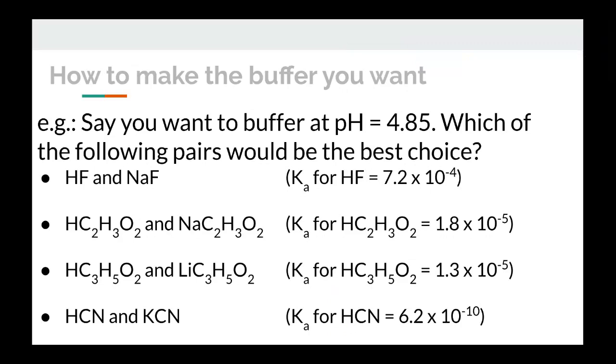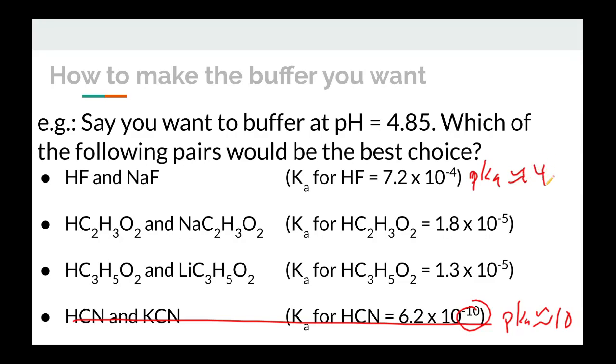So here's an example. If you wanted to have a buffer at pH 4.85, which of the following pairs would be the best choice? Well, this would be a poor choice because pKa is going to be around 10. Just looking at that number there, pKa is going to be approximately 10. And this one, pKa is going to be approximately 4, maybe a little bit less than 4.